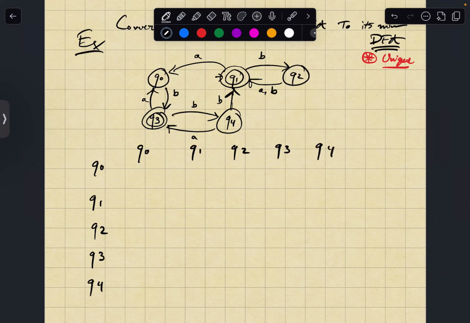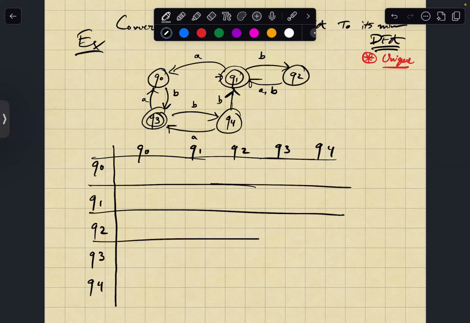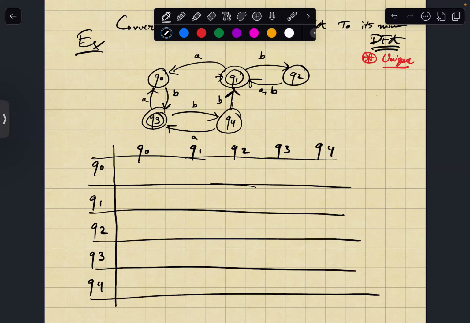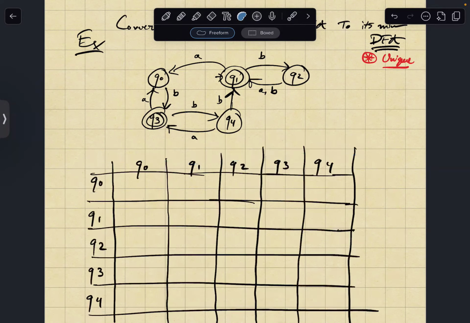So let's make this a nice table. Now this table is going to be keeping track of which pairs of states are distinguishable. So you can think of this as a distinguishability matrix.